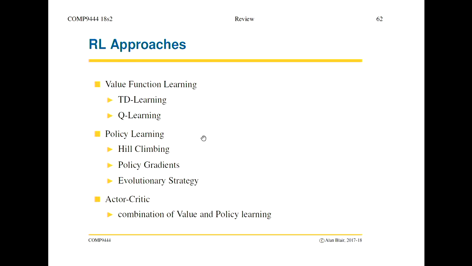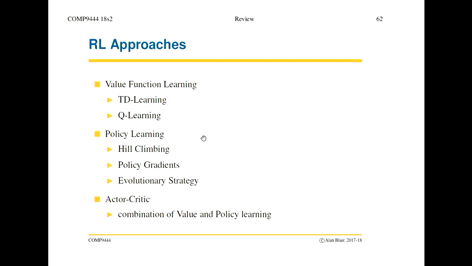So we looked at a few different approaches to reinforcement learning. We looked at value-based methods, where you're trying to learn a value for a state or a value for a state and action combination. So we had TD learning and Q learning. And then we looked at policy learning, where you're not learning the value, but just learning the policy directly.